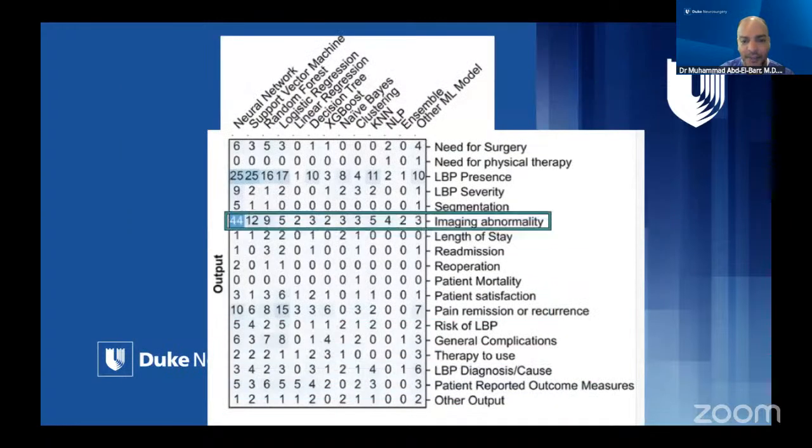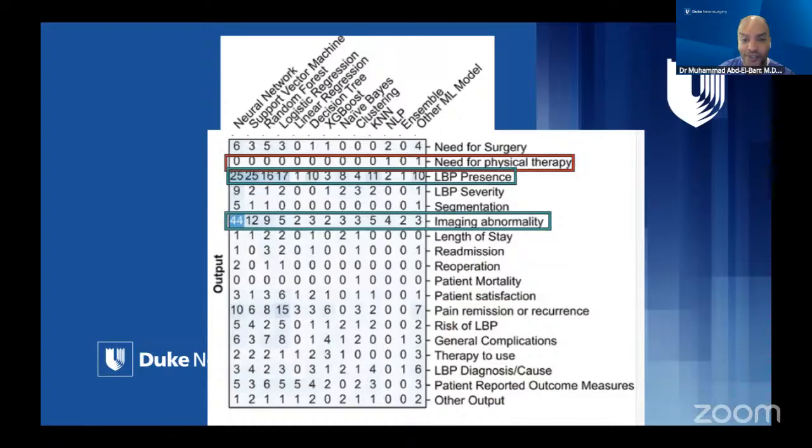A lot of studies were looking at image abnormalities: could we use machine learning to figure out if there's an imaging abnormality, or whether low back pain is present? On a bad note, we know a lot of patients with back pain will get better just with physical therapy, and only one article looked at whether a patient will need physical therapy.